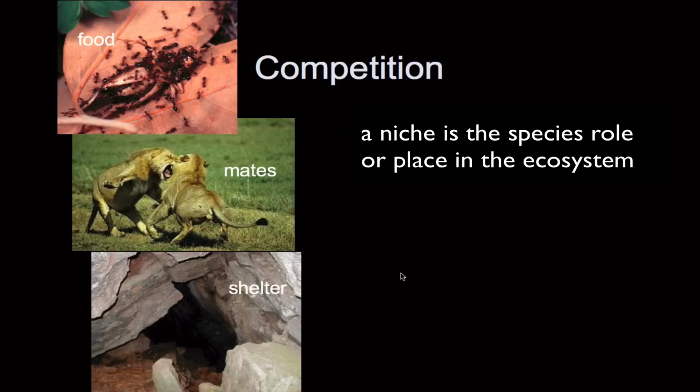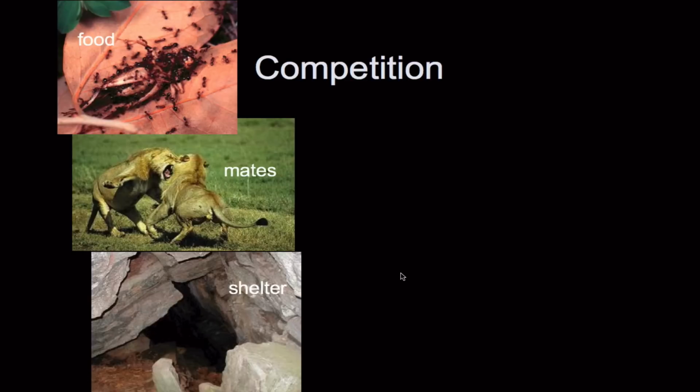Because of competition, animals cannot just inhabit the entire forest because there's too much competition and too much danger. So what they do is they'll fill a particular niche. They'll fill an area where there's enough food, there's enough shelter, they have access to their mates, and that kind of helps them avoid competition with other species.